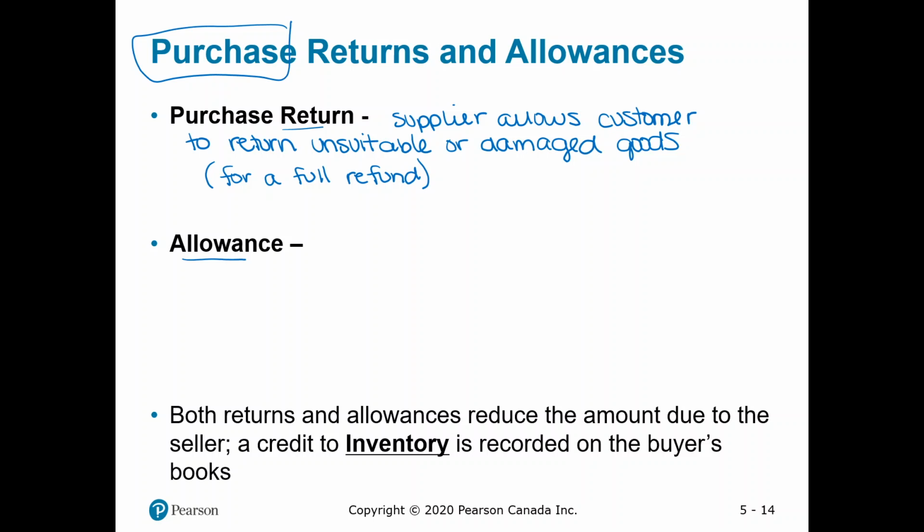So we purchase a bunch of green coats from a wholesaler, and when they arrive, it ends up that they sent us blue coats. So maybe we decide, well, we actually think we could sell these blue coats that are still pretty nice. Maybe we just ask for this allowance, a discount, since it's not what we actually ordered, but we're willing to keep those. So that is what an allowance is.